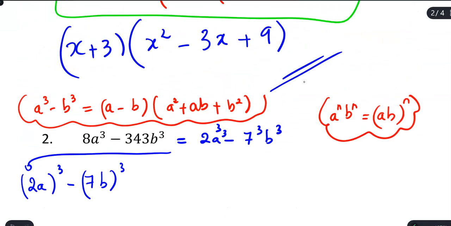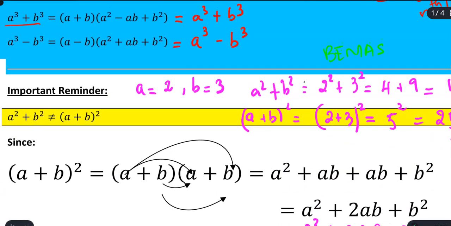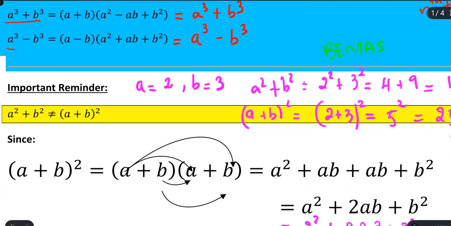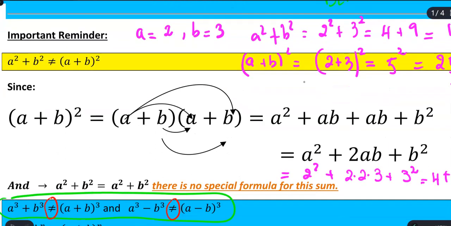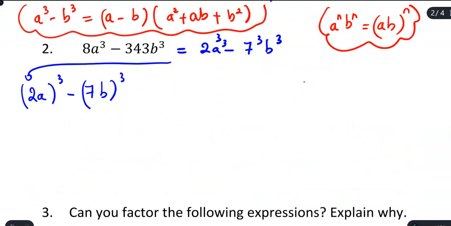So double check. It is the formula that I've written here for everyone: a³ − b³ is (a − b) multiplied with (a² + ab + b²). But don't forget, this is the entire a and this is the entire b.